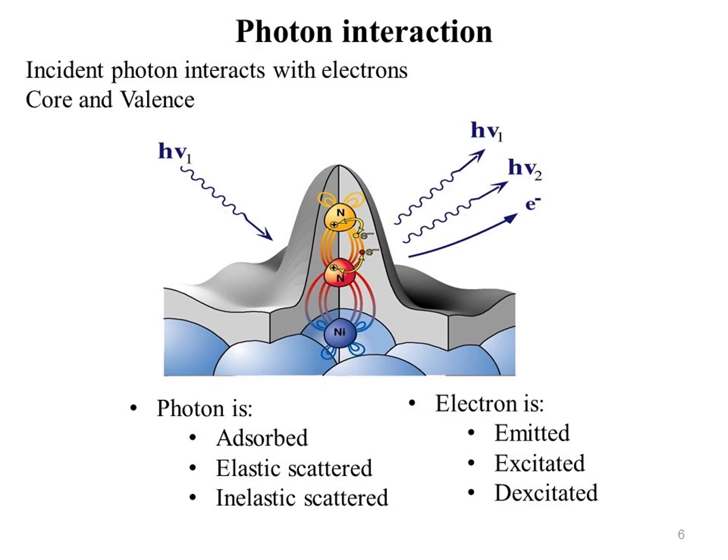Now, what is photon interaction? Incident photon interacts with electrons, core and valence.